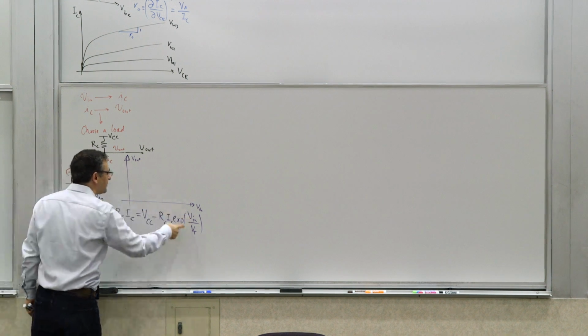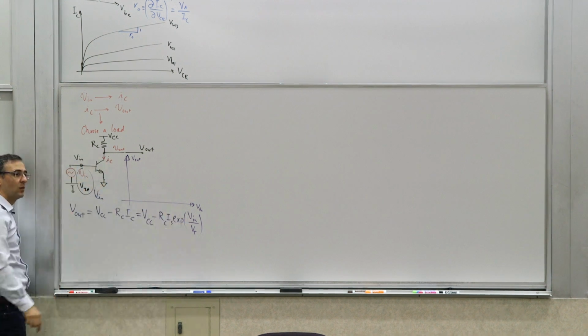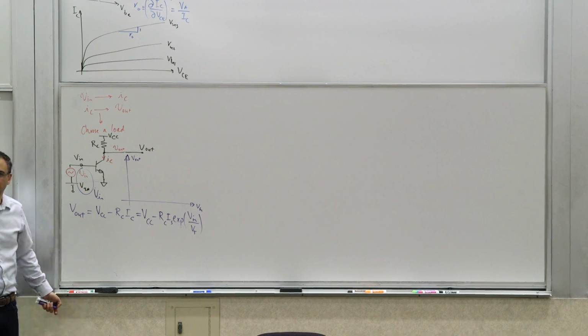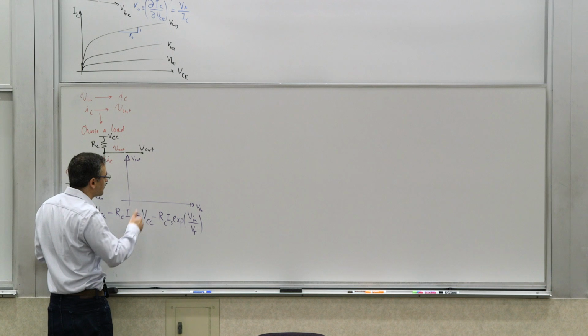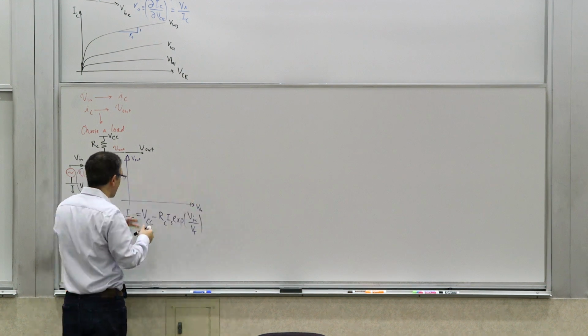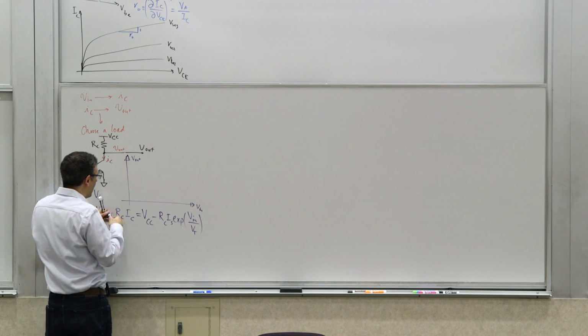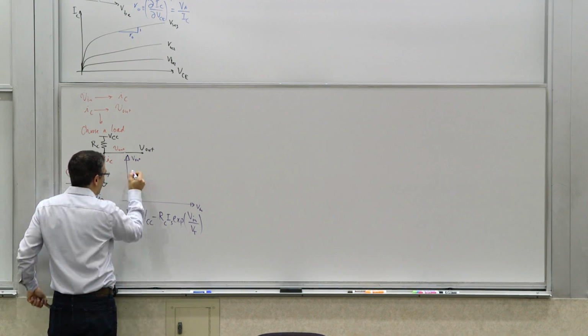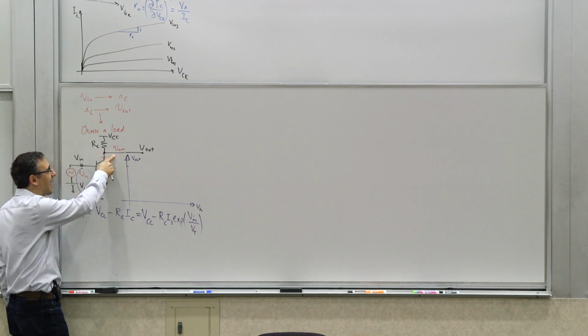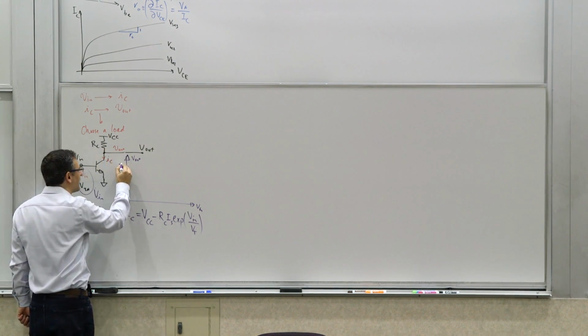If Vin is 0, which means that it's entirely 0, what's the current in the transistor? Current is 0, or very close to 0, it's going to be IS according to this. There's the minus 1 which we've dropped, but it's essentially going to be 0. And so we have no current flowing. When there's no current flowing through the resistor, what is this voltage, this V out? It's VCC.